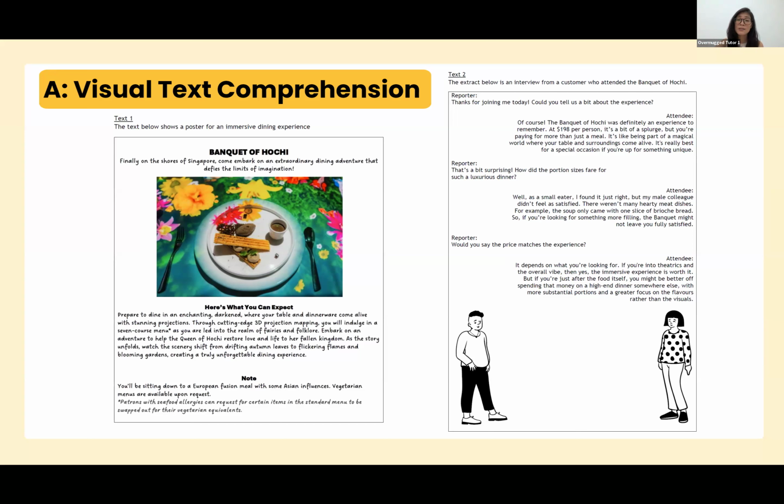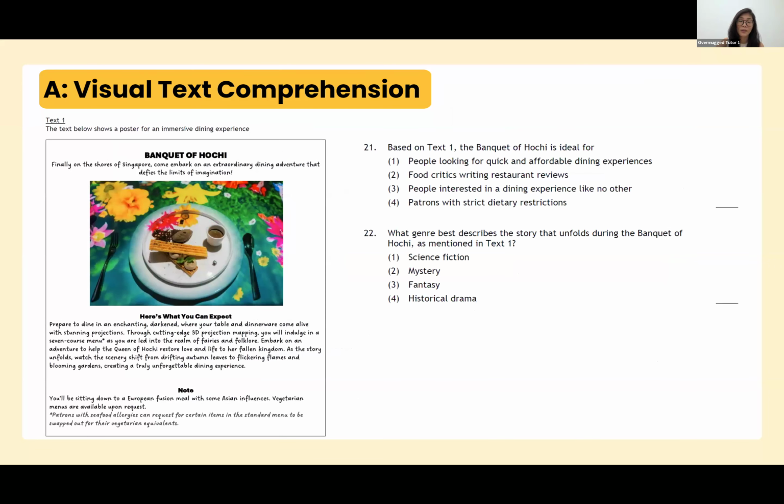So your task is to answer the 5 MCQ questions by looking at the materials of text 1 and 2 and comparing them across. So let's take a look at text 1. Question 21 asks, based on text 1, the Banquet of Ho Chi is ideal for the following options.